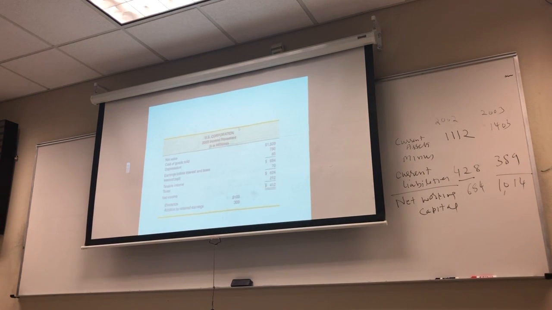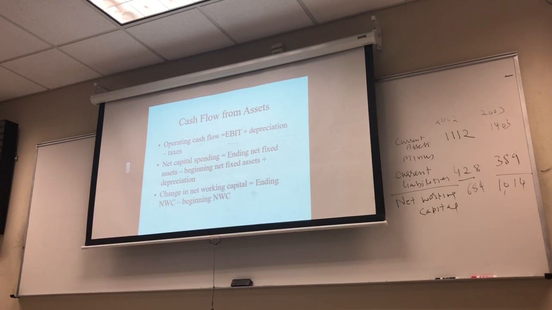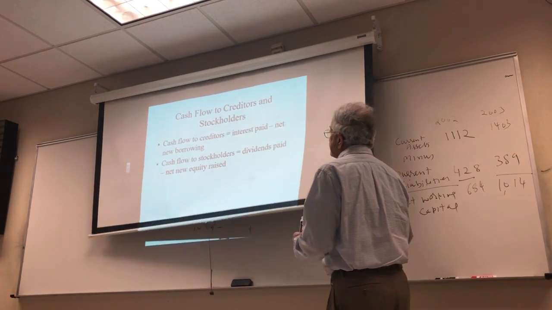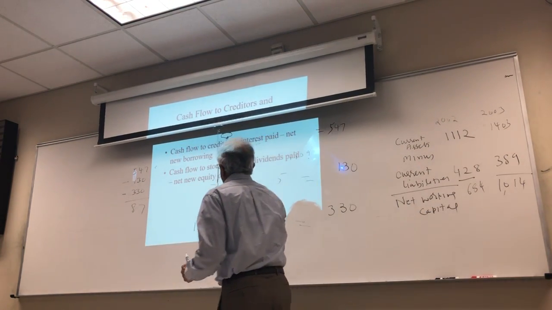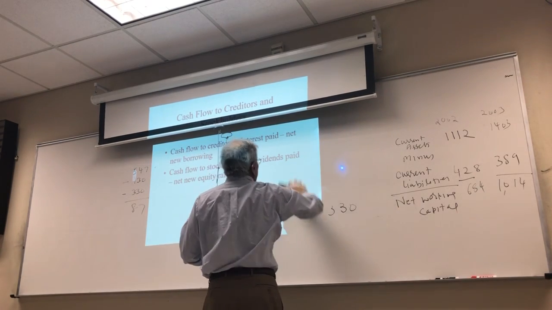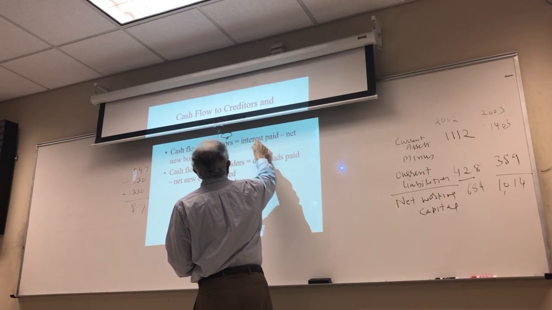You'll go to the income statement, interest paid is $70. Do you see $70 here? On the income statement, $70 after EBIT. So I'm going to take this $70 and put $70 in this equation here on the right-hand side. So this is $70.